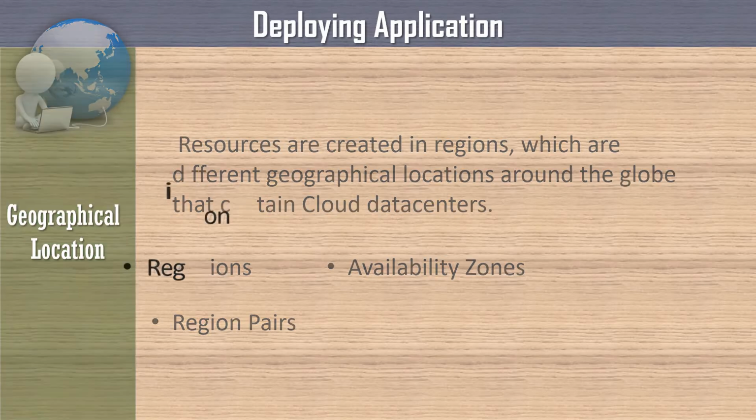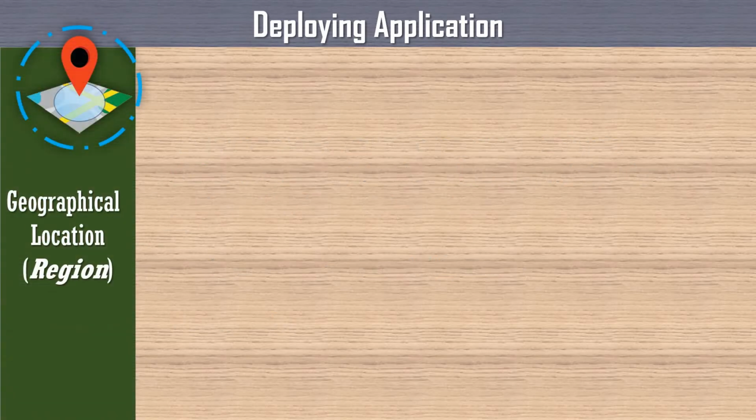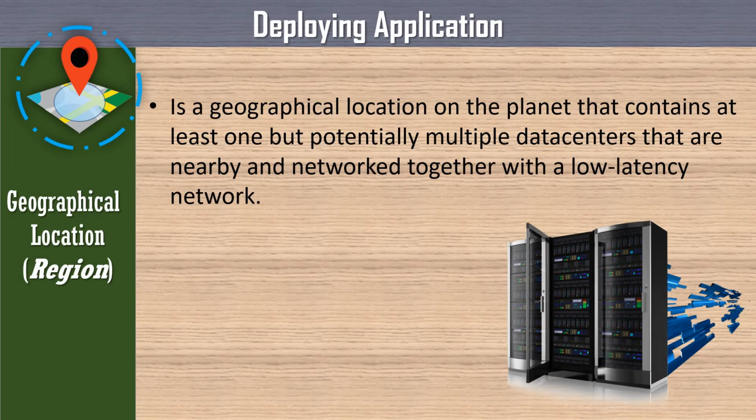So let's jump into what is a region. A region is a place, a geographical location on the planet, where you are going to deploy your resources. It could contain one data center or multiple data centers, depending on the region. All of them are connected with a low latency network that we call a region.